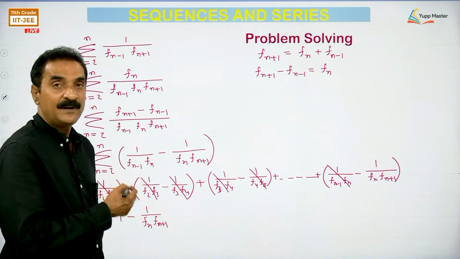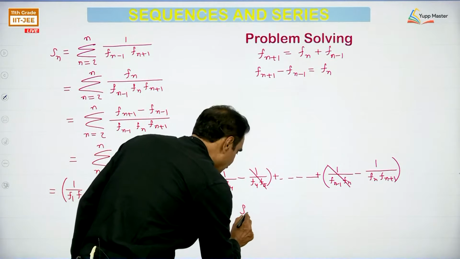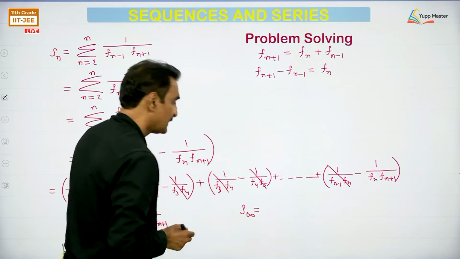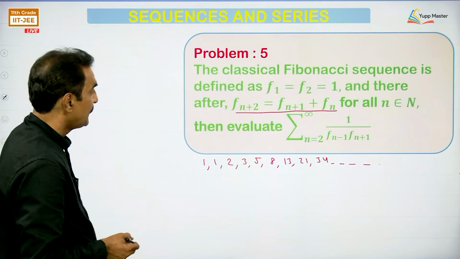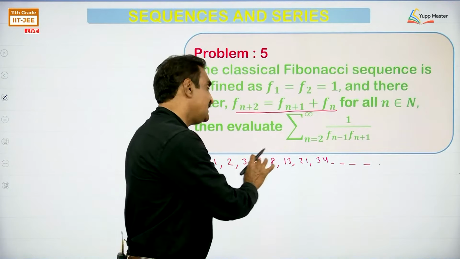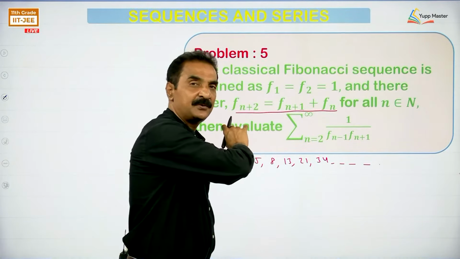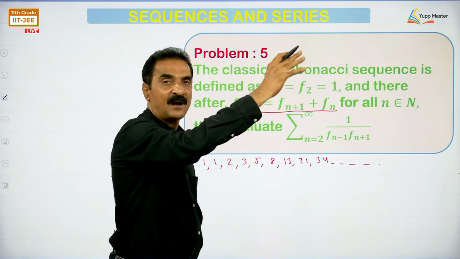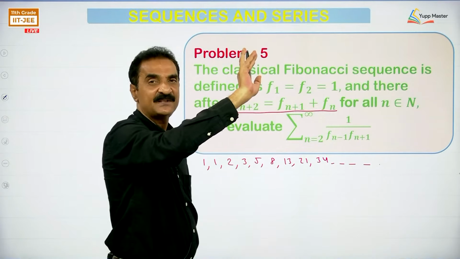Now we can calculate the sum up to infinity. S infinity we want. S infinity is equal to, if you observe the series, the terms are increasing massively. So when you go to infinity, the last terms will be very, very large. So we can take the last terms as infinity.